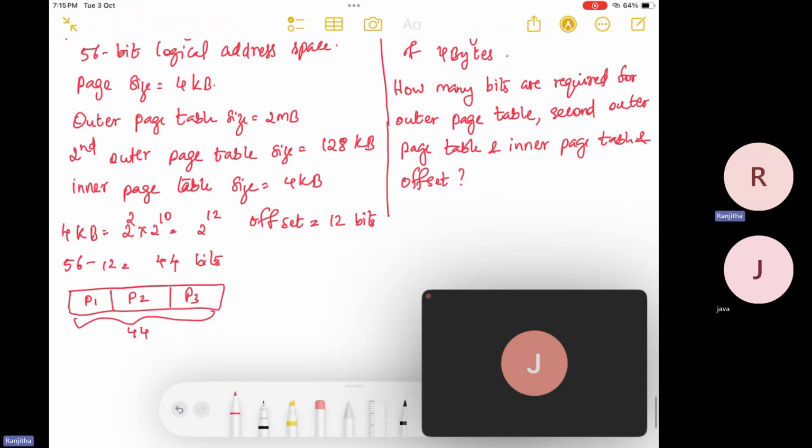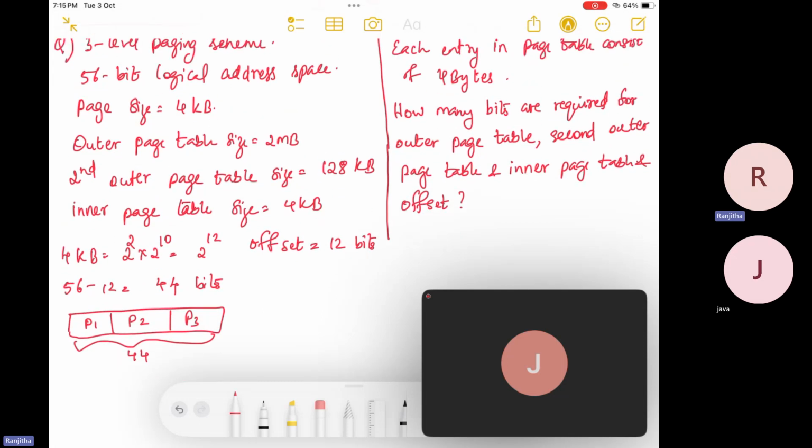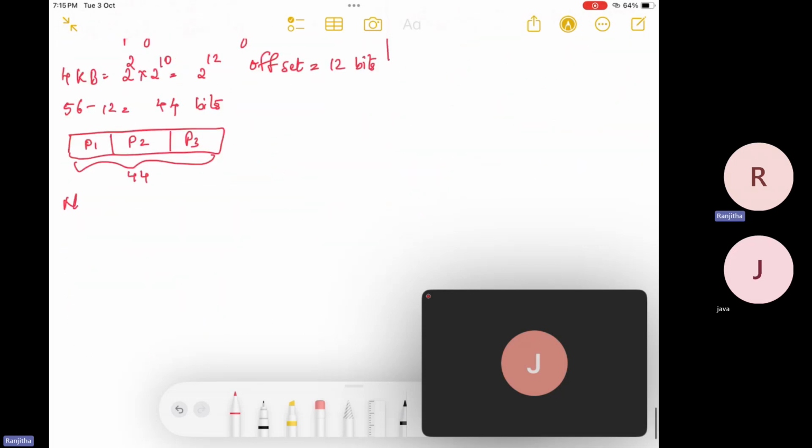So the number of entries in the outer page table will be the outer PT size divided by the PT entry size.